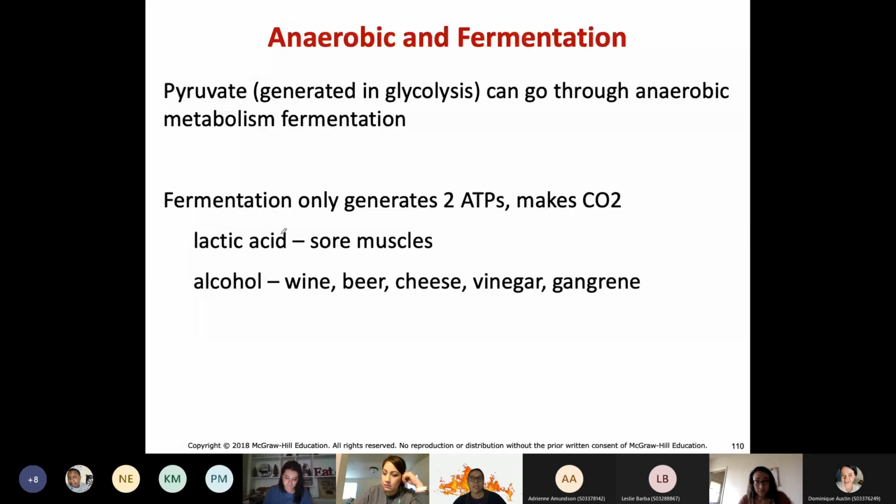And our fermentators only generate the 2 ATPs from glycolysis. But when they go through making those acids, they generate a bunch of CO2. In fact, guys, one of the reasons why bread will rise when you activate the yeast and put the yeast in is because there's pockets of CO2 made by those fermentators.